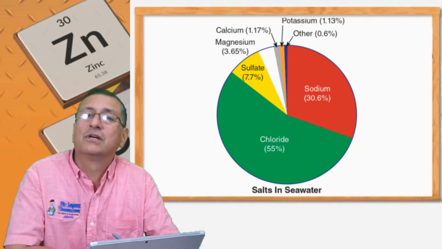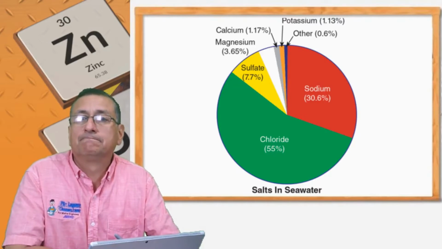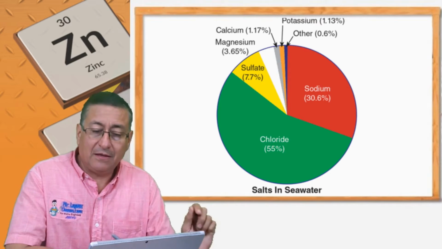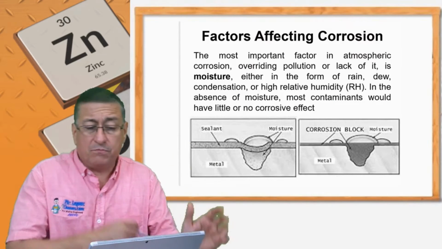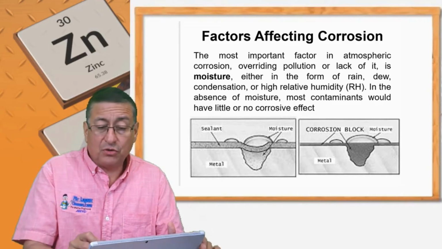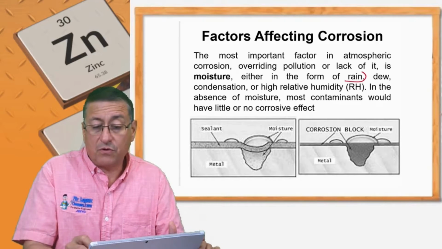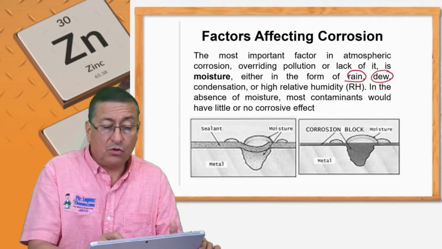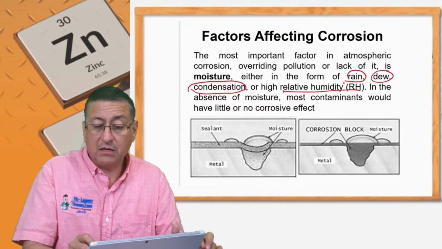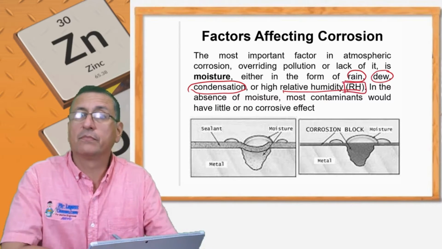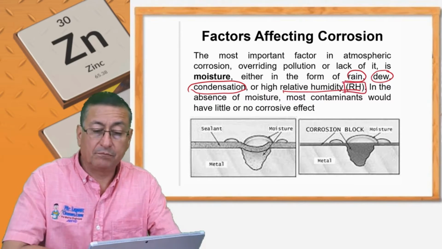Sulfur, phosphorus, not good. But in general, the factor that affects the corrosion is the moisture, in different forms: rain, dew, condensation, or relative humidity, RH.